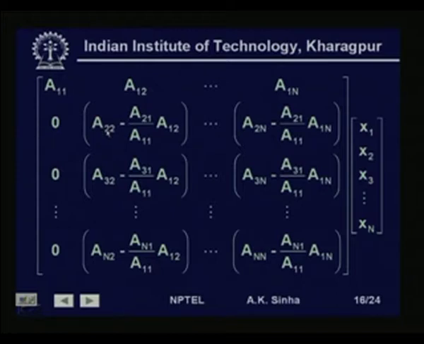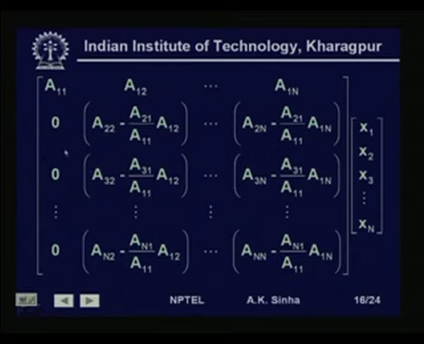This element will be A22 minus A21 by A11 into A12, since all the elements of this row have been multiplied by that, and so on, for A2n minus A21 by A11 into A1n. When we subtract it, this will be the new value of the element A2n.